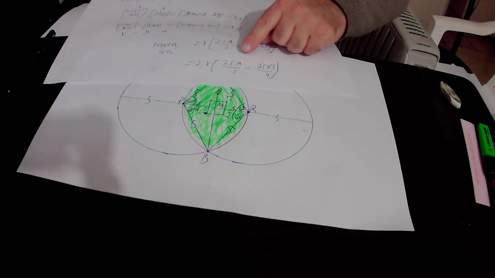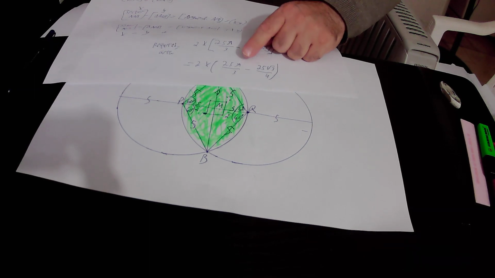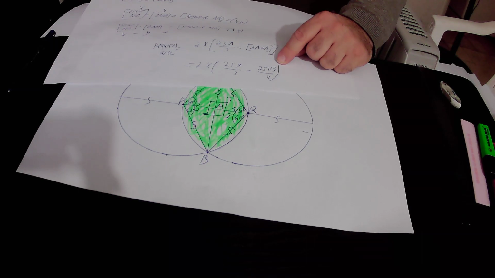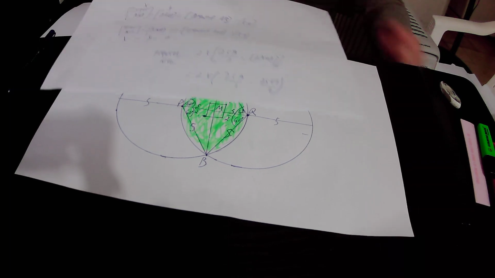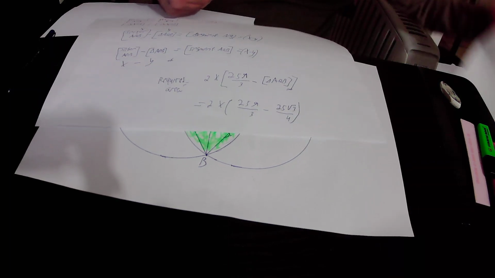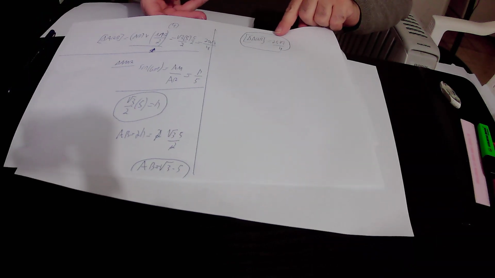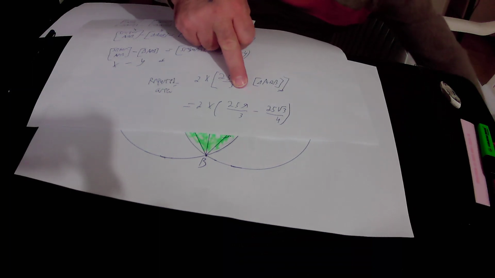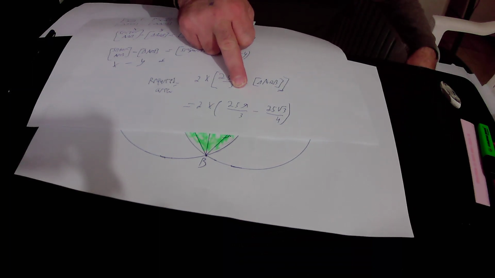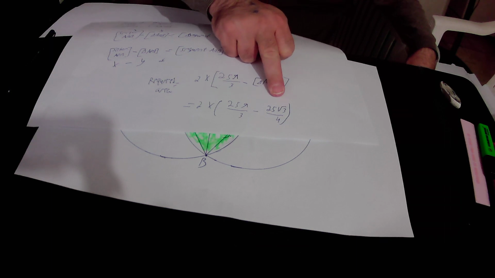The area of sector AQB is 25 pi over 3. The area of triangle AQB is 25 times square root of 3 over 4. We have already found out that the area of triangle AQB equals 25 times square root of 3 over 4 square units.